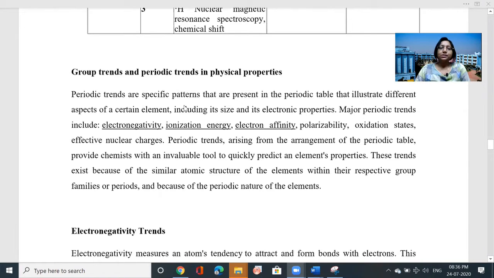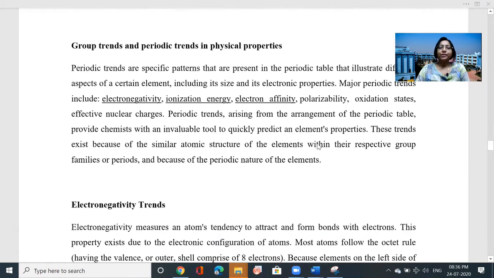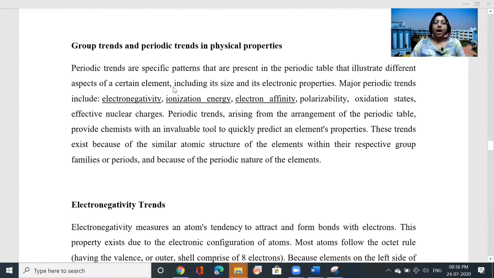Group trends and periodic trends in physical properties. Periodic trends are specific patterns present in the periodic table that illustrate different aspects of a certain element, including its size and its electronic properties.